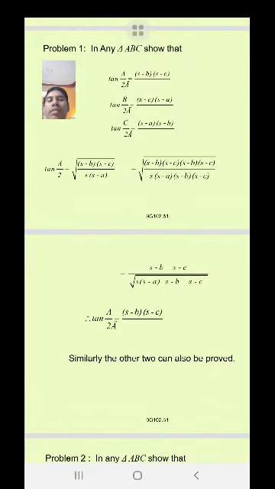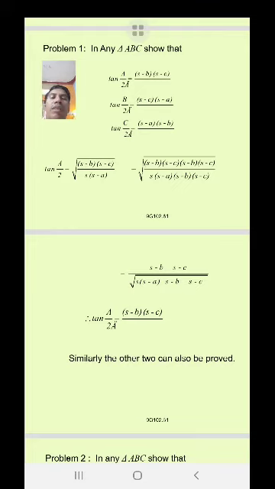Next, see how to prove it. tan A by 2 equals, we already know, under root of s minus b into s minus c by s into s minus a. Again we are multiplying and dividing by s minus b into s minus c, so in the denominator also s into s minus a into s minus b into s minus c.